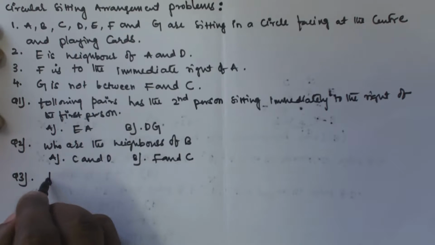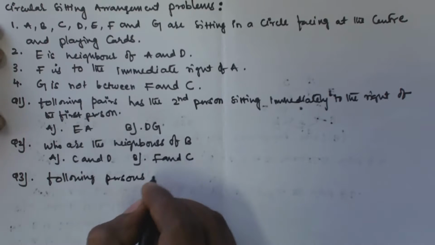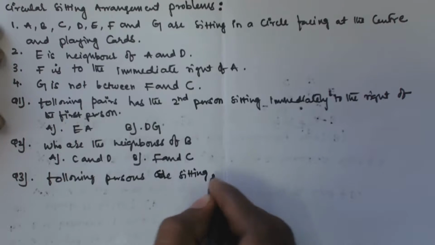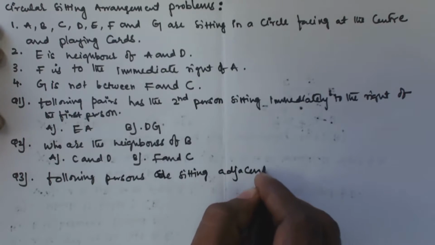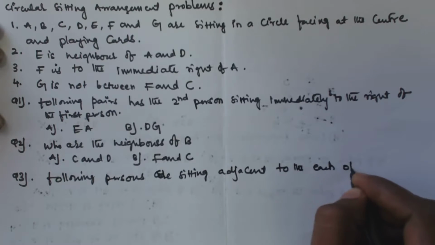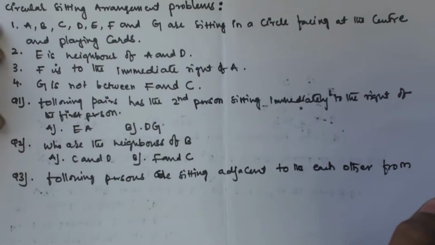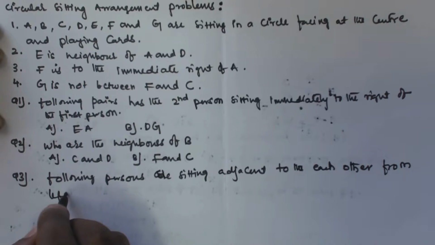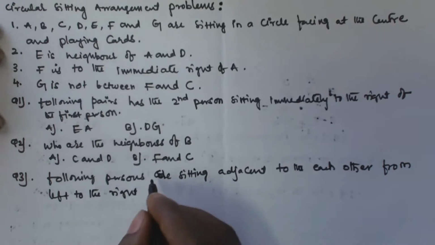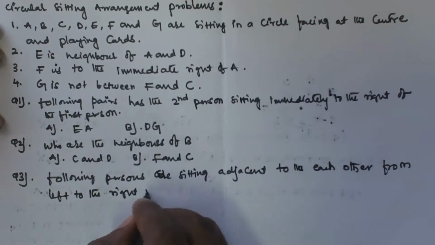And question number three is: which of the following persons are sitting adjacent to each other from left to right in the order as shown?